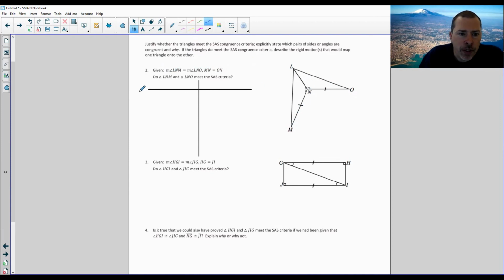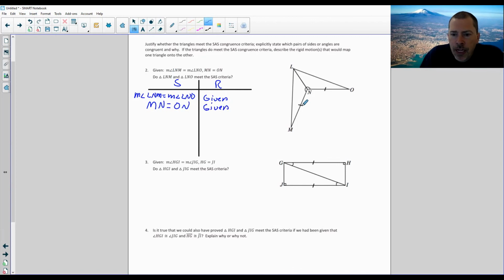So what we start with is the measure of angle LNM equals the measure of angle LNO. Reason: given. So this is statement and this is reason. And then we also say MN equals ON. That is also a given.